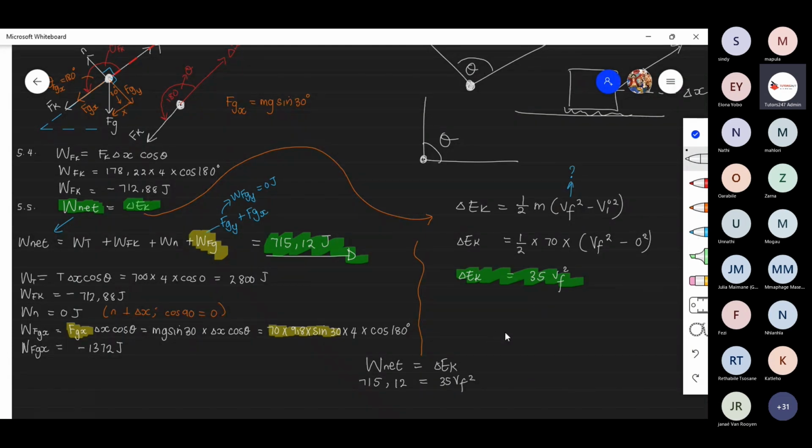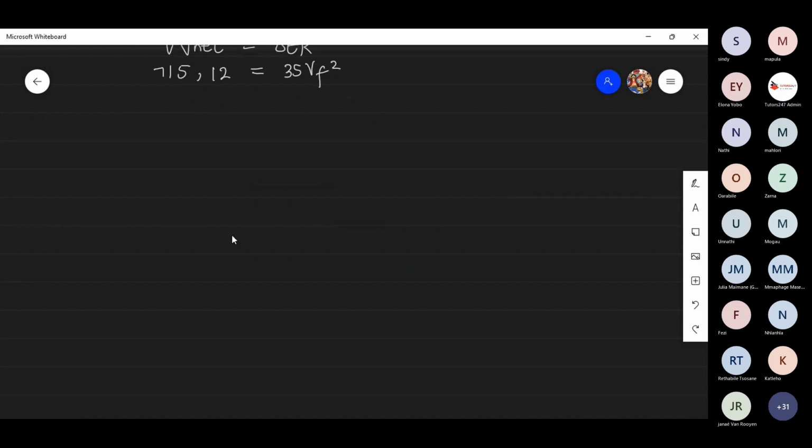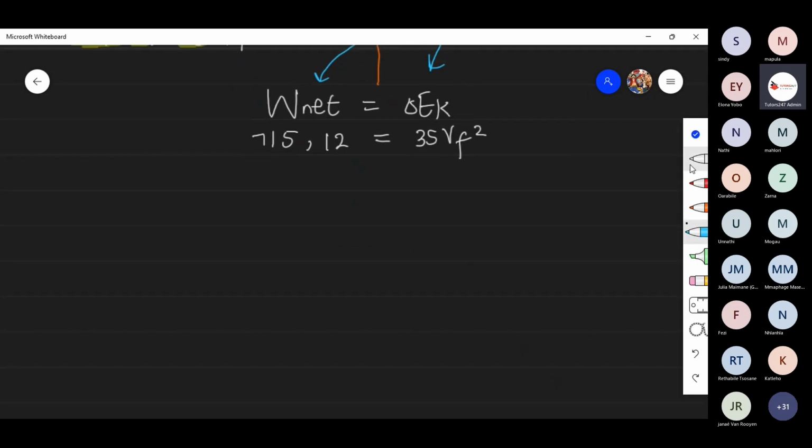Now, as you can see, this equation looks so much easier to deal with. It's simplified, quite nice to work with. So all we are going to do is solve for Vf from this equation. We can divide both sides by 35. That is then going to give us Vf squared equals 715.12 divided by 35, which gives us 20.432.